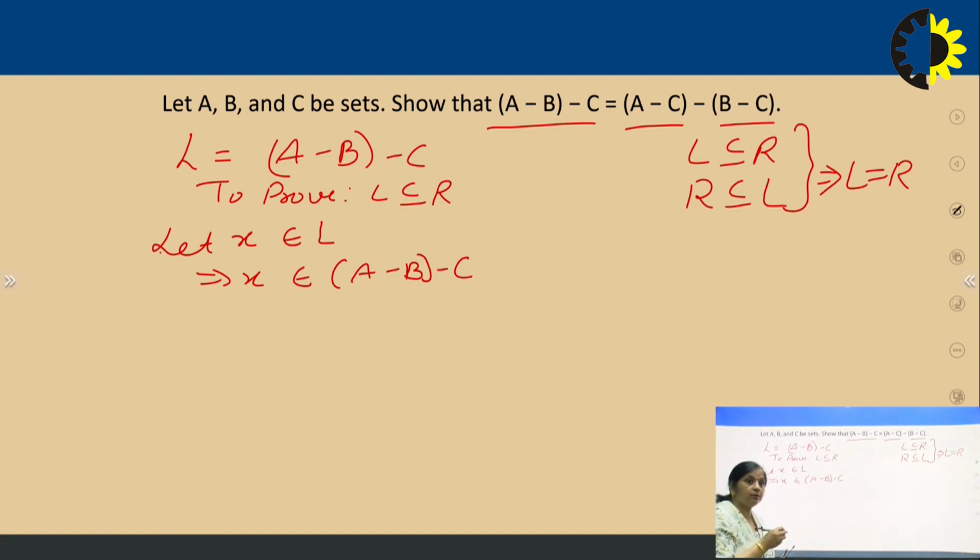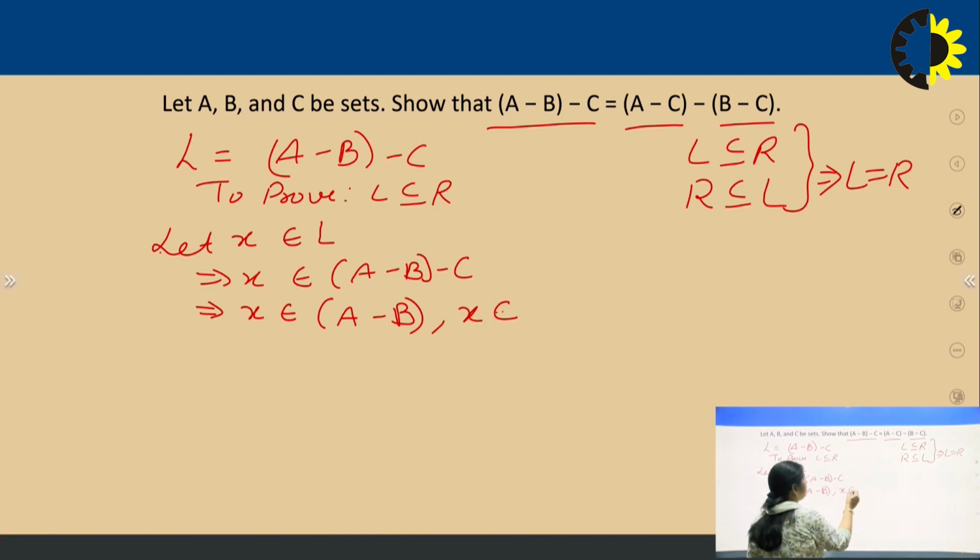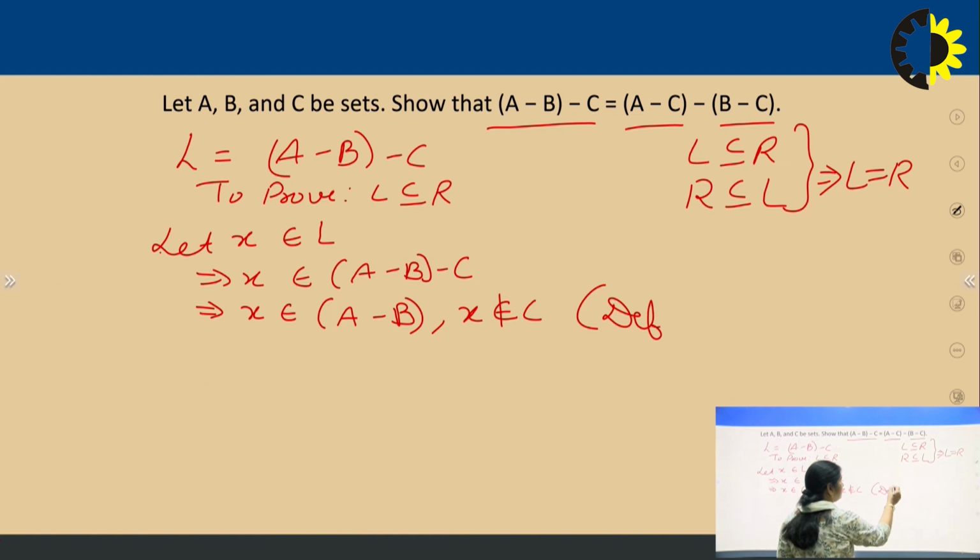When x belongs to A minus (B minus C), what does it mean? By the definition of difference, it means that x belongs to A and x does not belong to B minus C. This is the definition of difference.